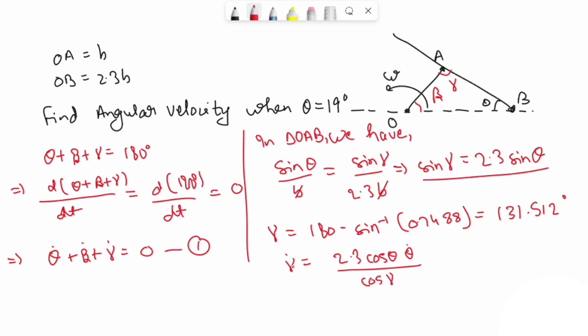Okay, here the differentiation of sine gamma is cos gamma gamma dot, and we will take cos gamma here. Now put this value here, and we know that beta dot is nothing but this omega, and theta dot is the omega that we need to find out. So let me call it omega dash.